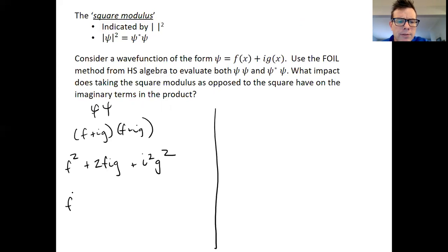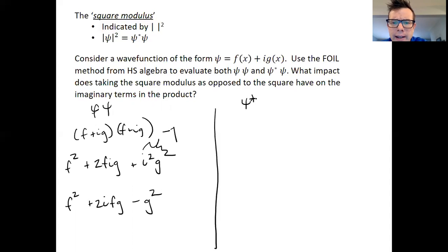F stays the same, so this is f squared. The convention is usually to write the imaginary term first, so this would be plus 2i fg. Remember that i squared is -1. So this becomes minus g squared.